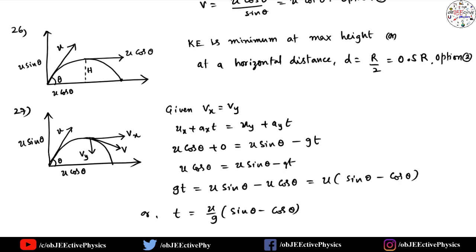That is, after a time t is equal to u by g into sin theta minus cos theta, the horizontal component and vertical component of the projectile become equal. So, option 2 is the right answer.